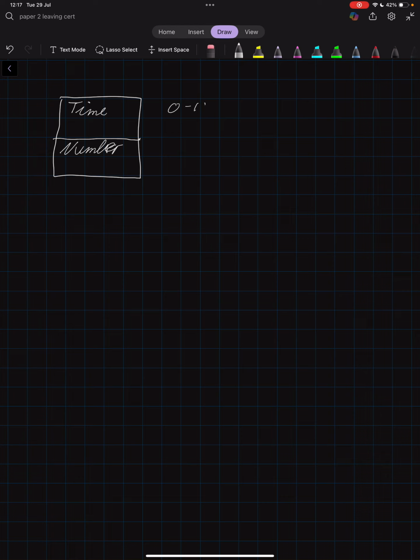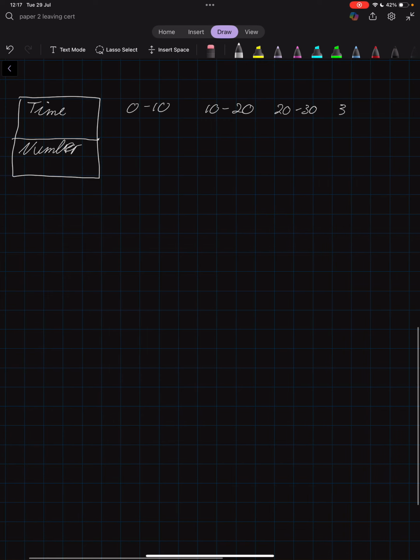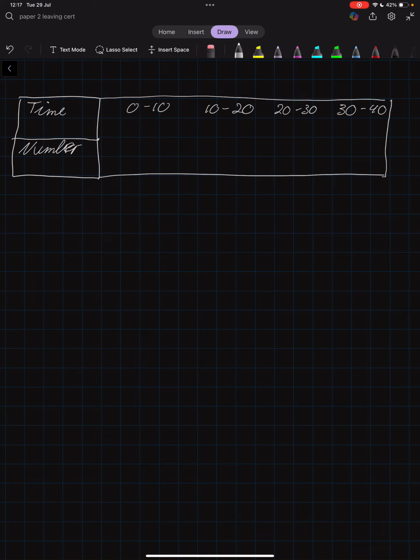And it's 0 to 10, 10 to 20, 20 to 30, and I'll just do 30 to 40, and I'll leave it at that. So you'll be given a table like this. And then down here, they'll basically tell you how many of them you have.